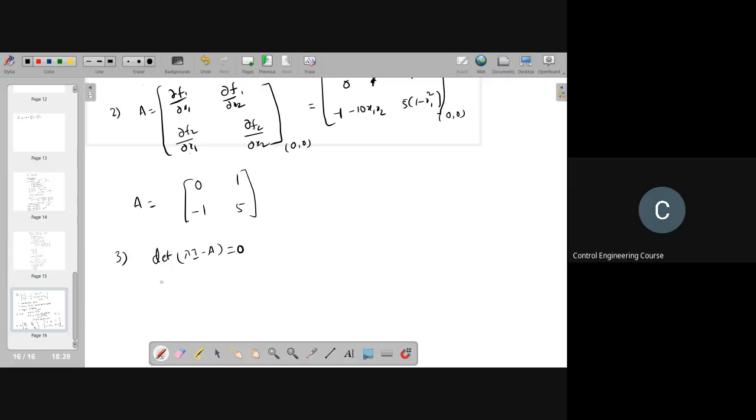Here this is lambda, minus 1, 1, and lambda minus 5, the determinant equal to 0. So you will get lambda into lambda minus 5 plus 1 equal to 0. That means lambda square minus 5 lambda plus 1 equal to 0.